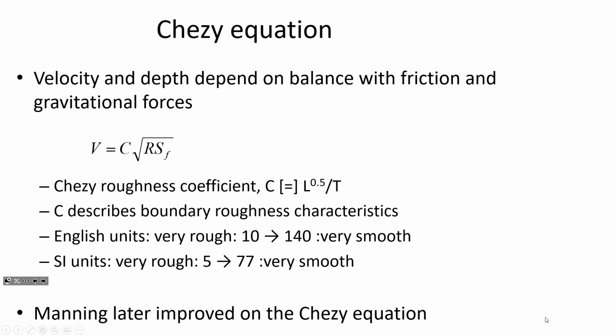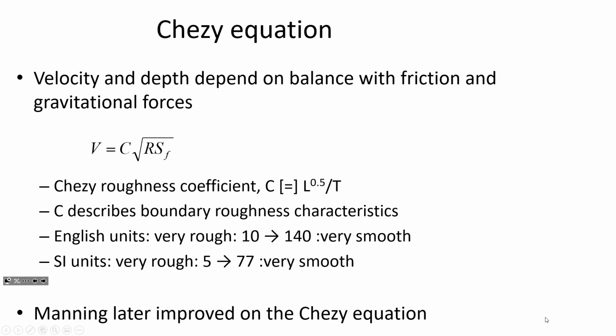One of the older equations that was used a long time ago was the Chezy equation. And the Chezy equation was derived from the observation that the slope of the energy grade line and the hydraulic radius could be correlated with some friction factor, and then combined all together, those three variables would explain the velocity of flow through a pipe.